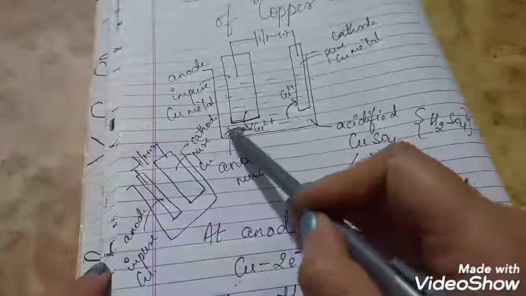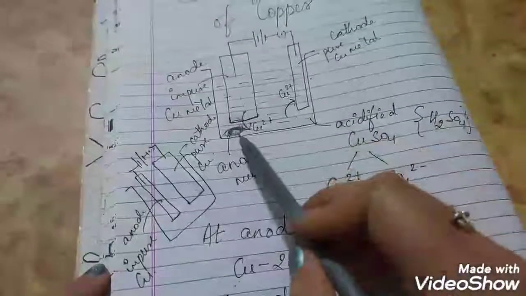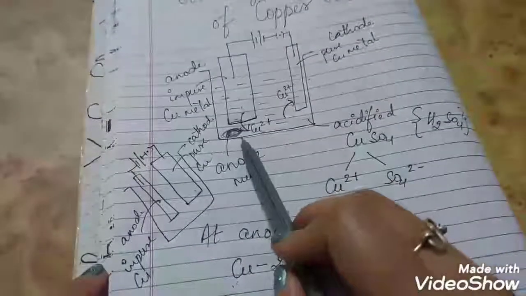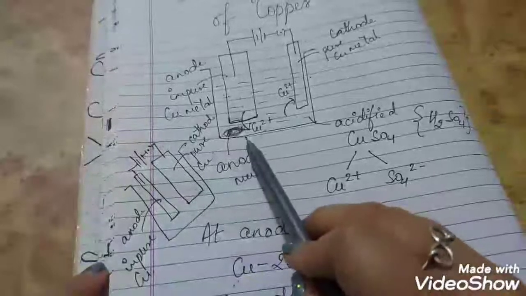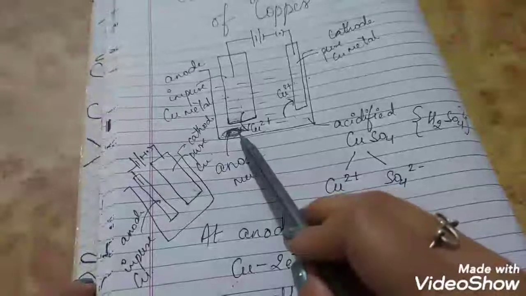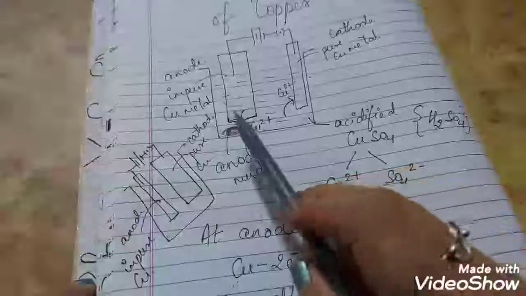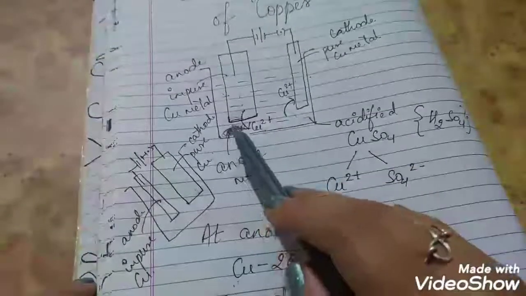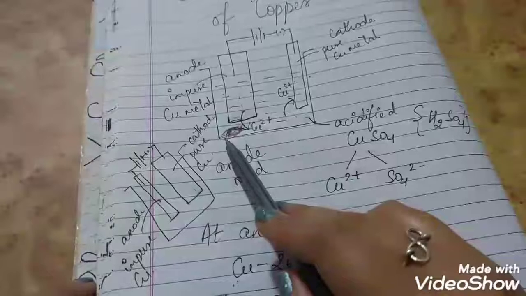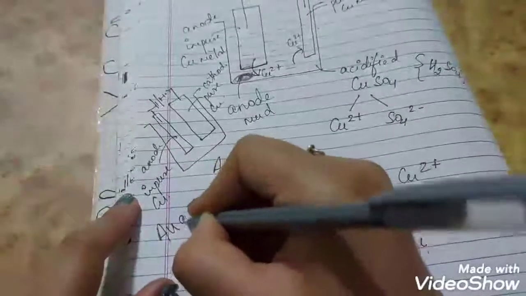Now we will discuss what happens to the metallic impurities present in the impure copper which is being refined. So these impurities which are collected here, we are talking about these impurities. The metallic impurities present in the impure copper can either be more reactive or less reactive. Now the more reactive metals like iron present in the impure copper pass into the electrolytic solution and remain there. On the other hand, less reactive metals like gold and silver, let us see what happens to them.